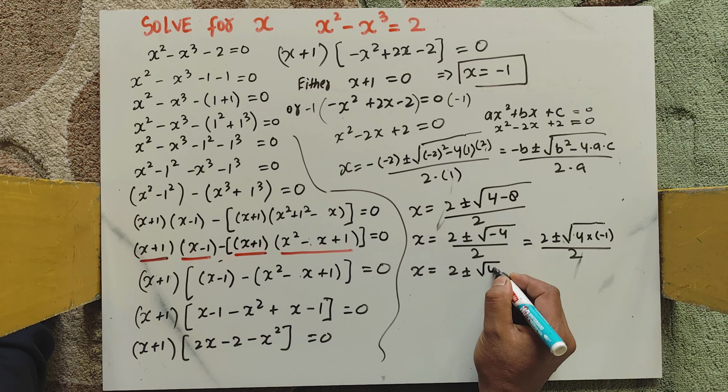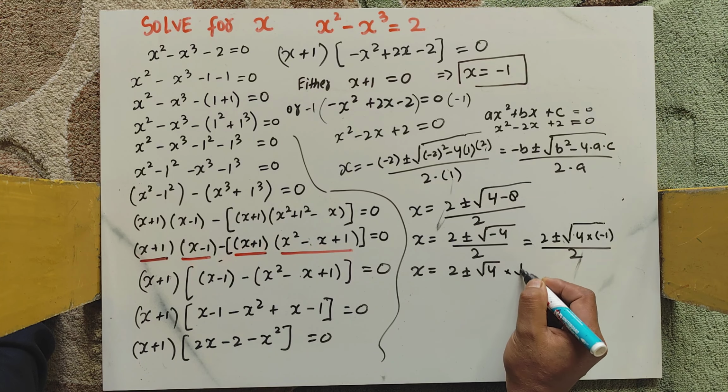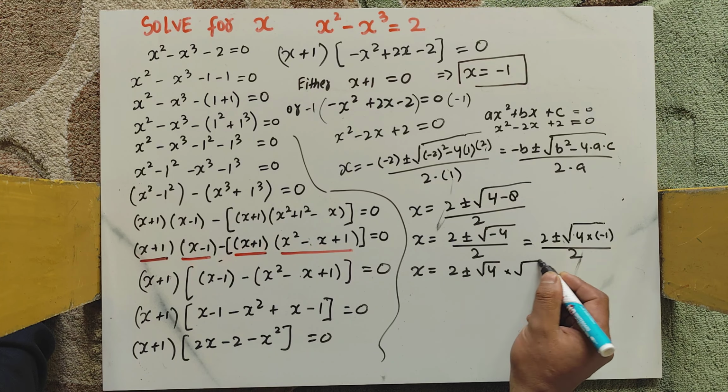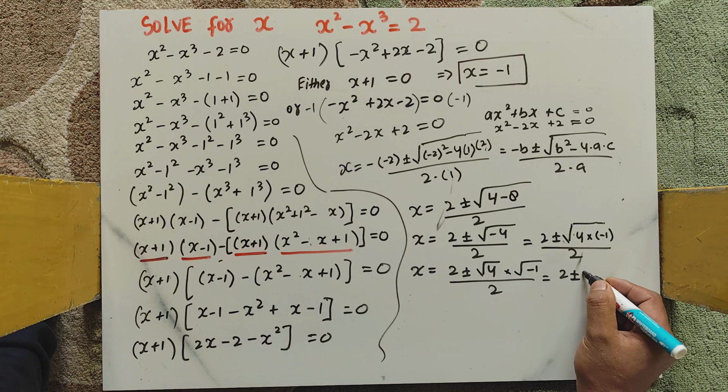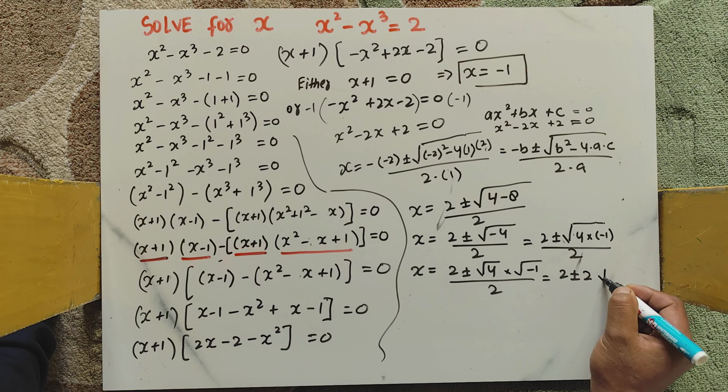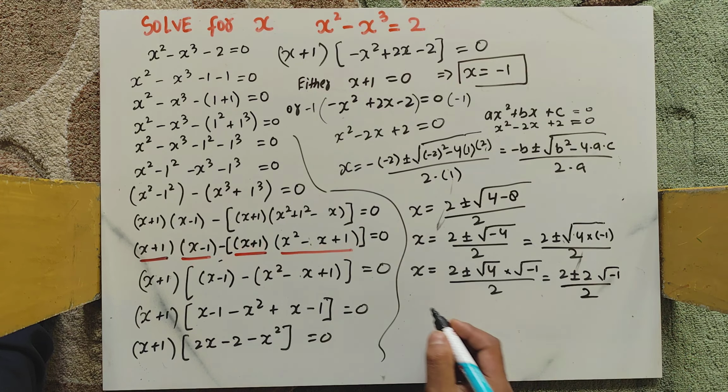Square root of 4 is 2, then we have square root of negative 1, upon 2. Let us take 2 common, we are left with 1 plus minus square root of negative 1, divided by 2. So 2 gets cancelled. That gives us x is equal to 1 plus minus square root of negative 1.